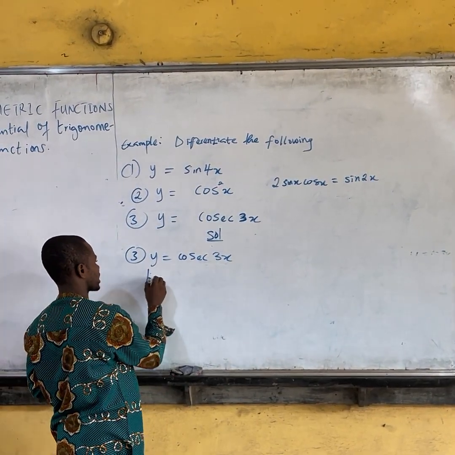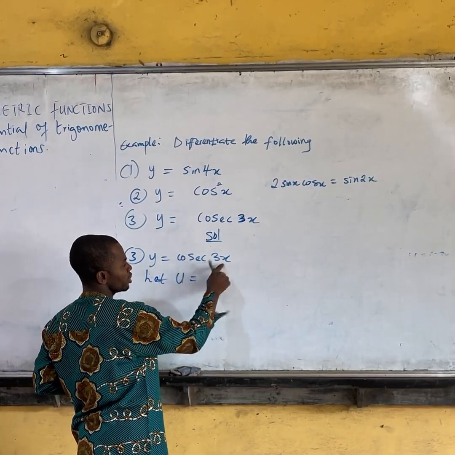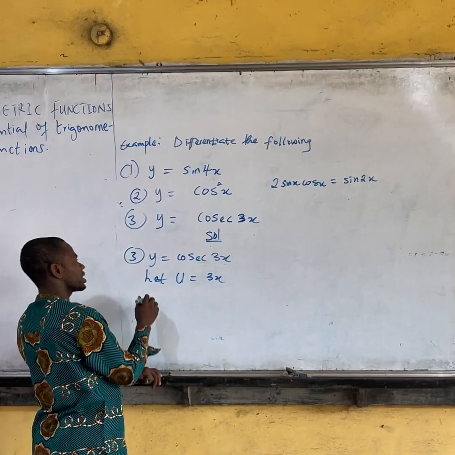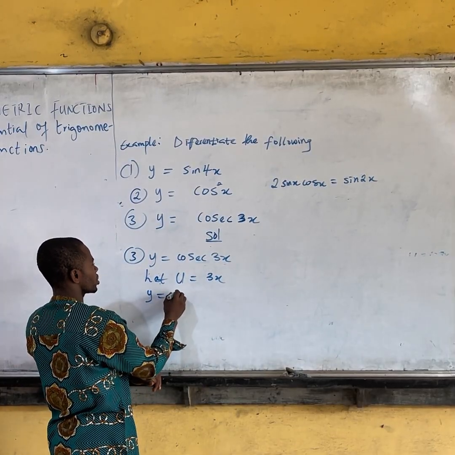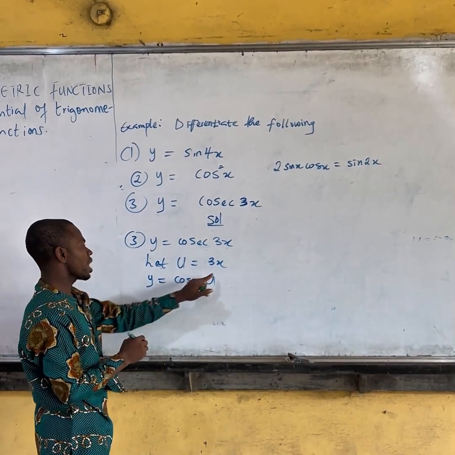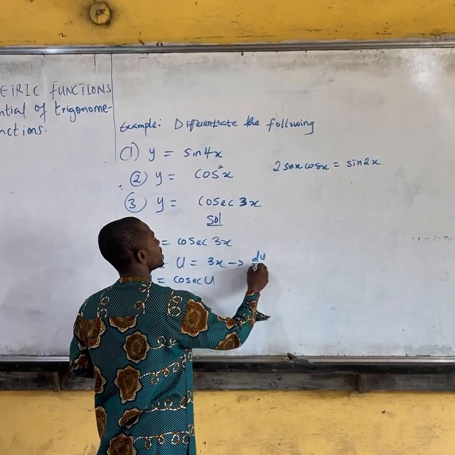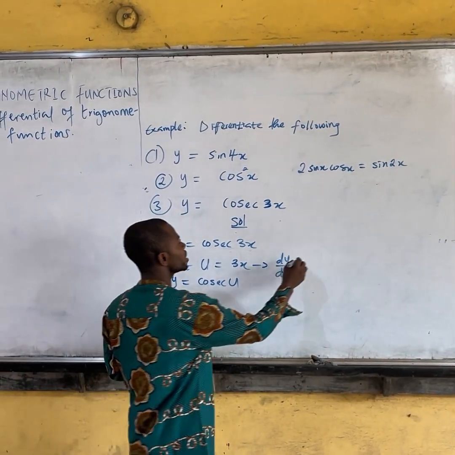I will now say let u be equal to what is composed inside, which is 3x. So since u is 3x, my y becomes cosec u. From this, I can generate du over dx. Differential of u with respect to x gives 3.